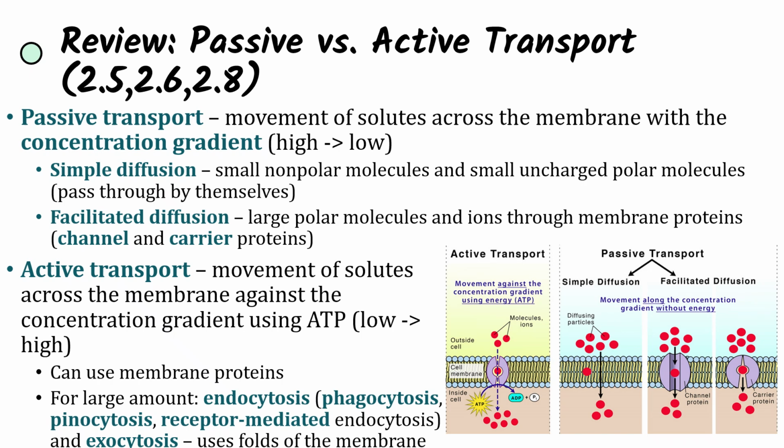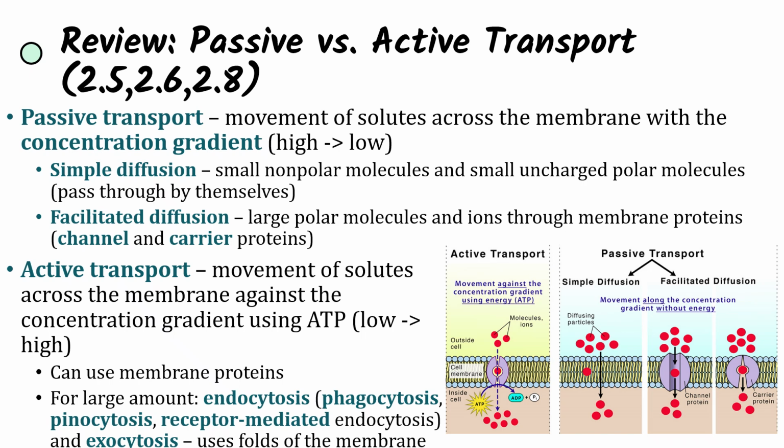Basically, if there's a high amount on one side of the membrane of a certain substance, it's going to move across the membrane so that eventually there's going to be an equal amount on both sides of the membrane until dynamic equilibrium is reached. So even though things can be moving across the membrane, overall there's not going to be more on one side or the other. This is moving with the concentration gradient from a place of high concentration to a place of low concentration.